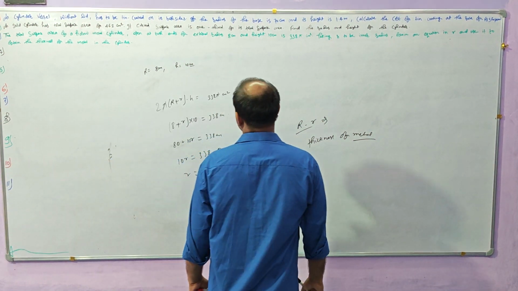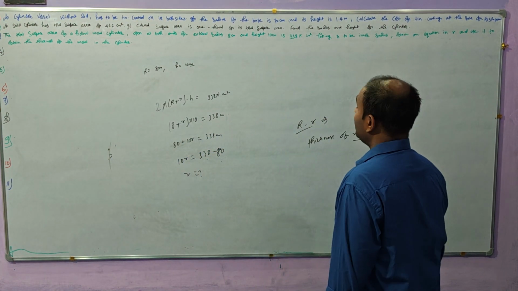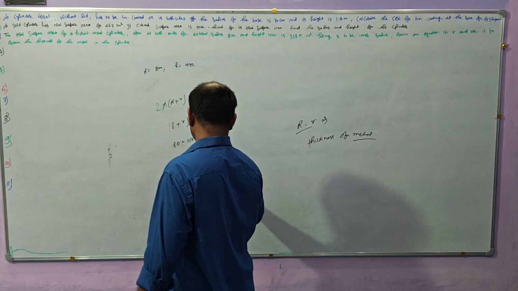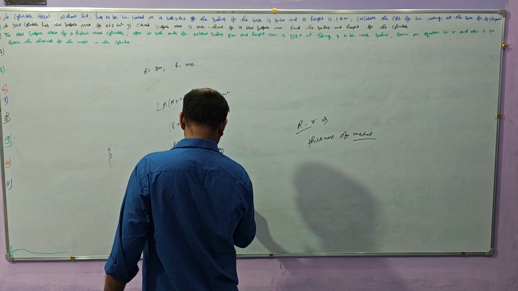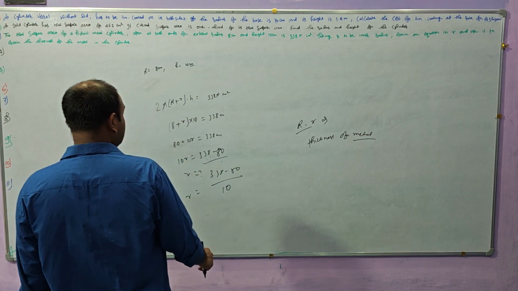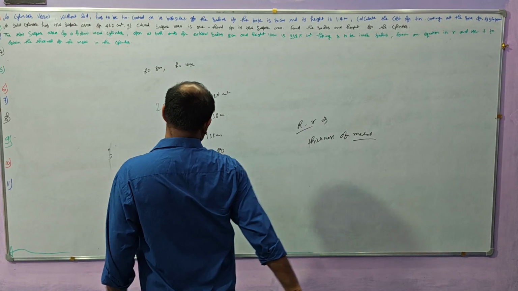So now in another question, from here we can subtract 338 minus 80 upon 10. So we get r is equal to something, and we have R 8 centimeter.